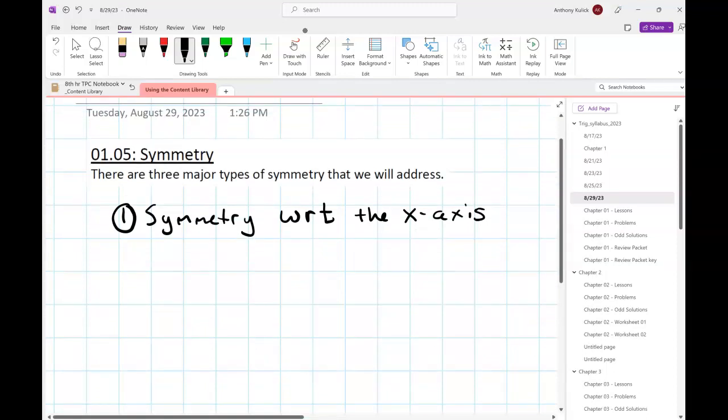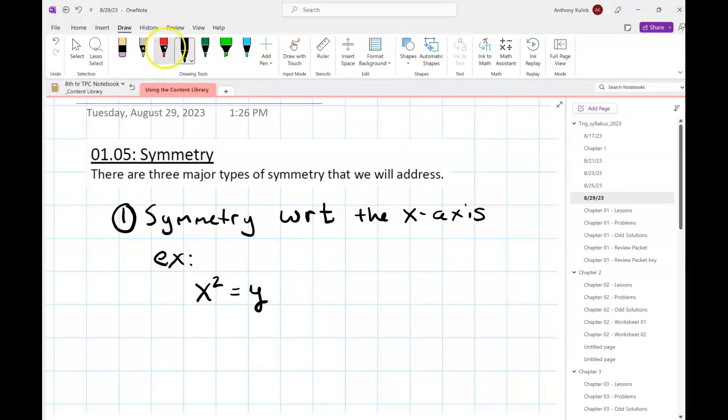So let's take a look at something that is symmetric with the x-axis. So we'll start with looking at the equation version of it. So something like x squared is equal to y is an example of something that's symmetric about the x-axis.